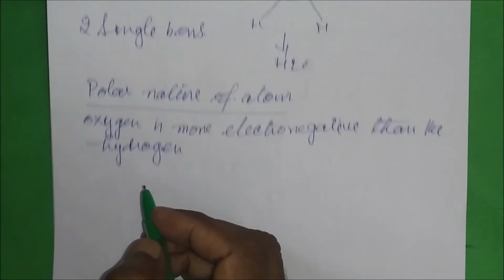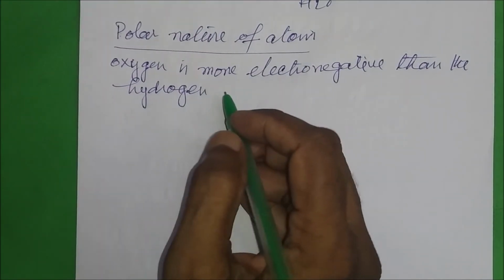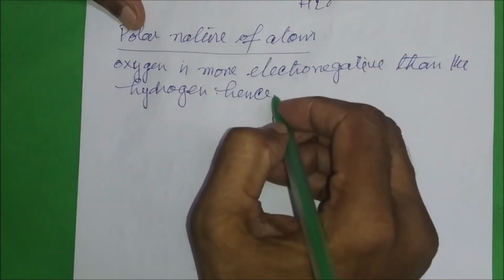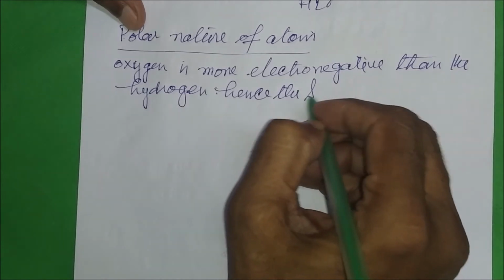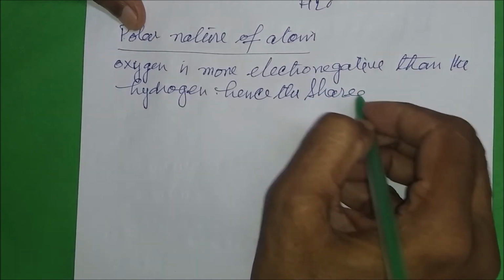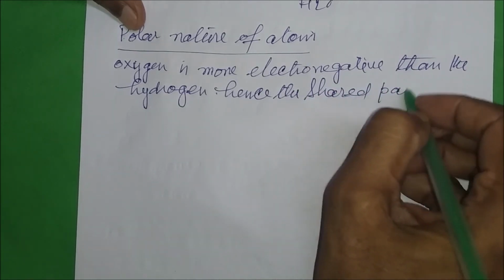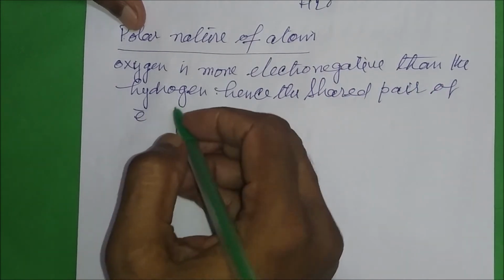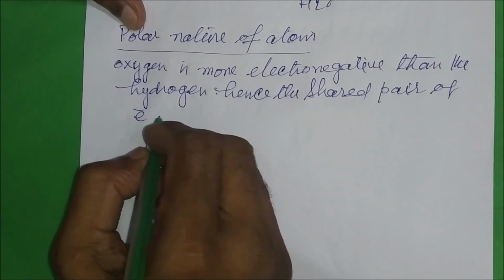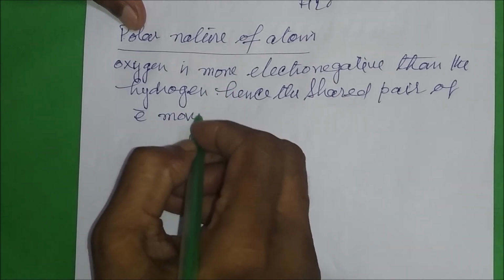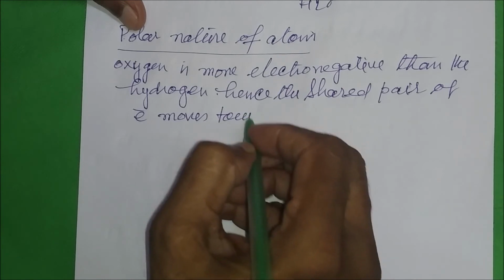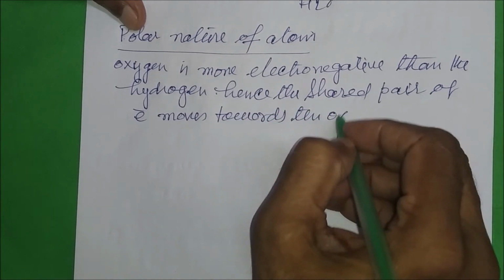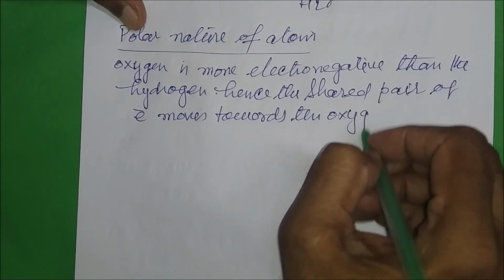Right? So, hence the shared pair of electrons moves towards the oxygen. See what happens, why it is a lone pair, right?